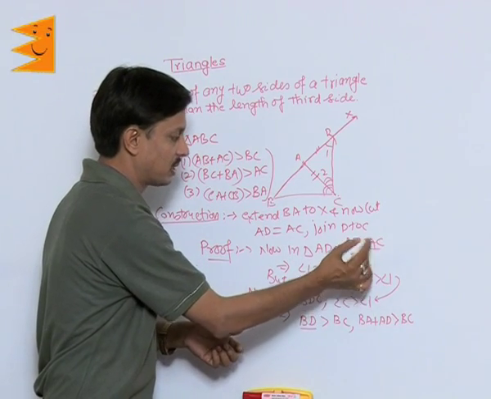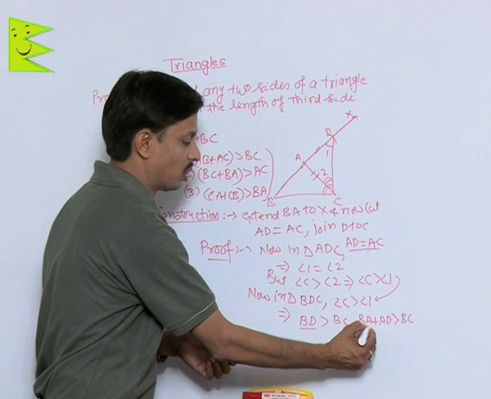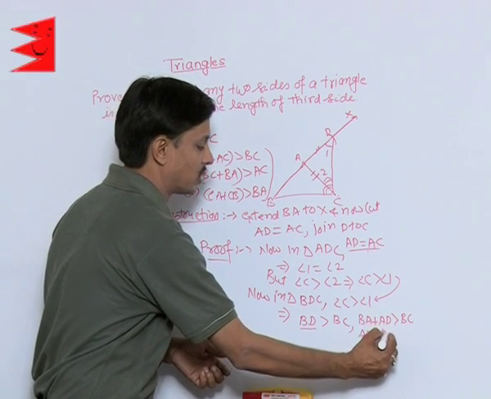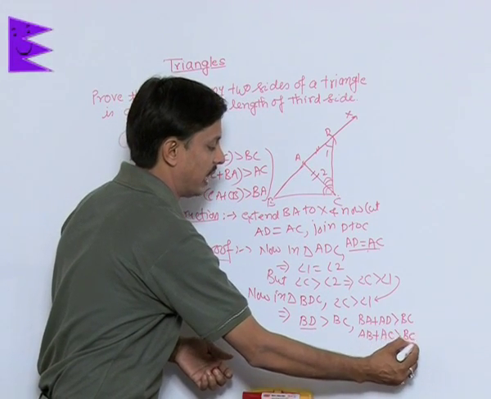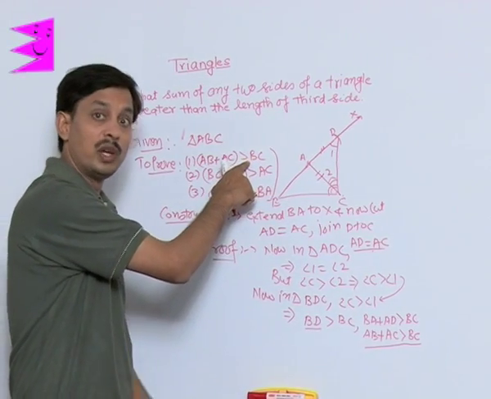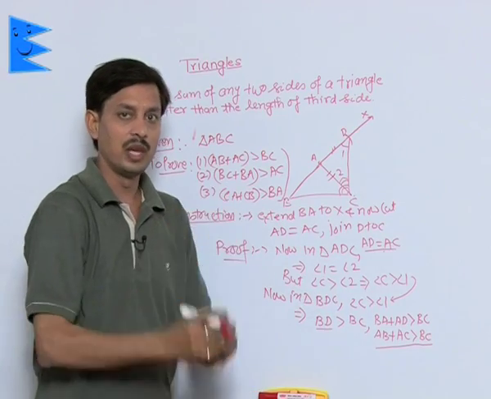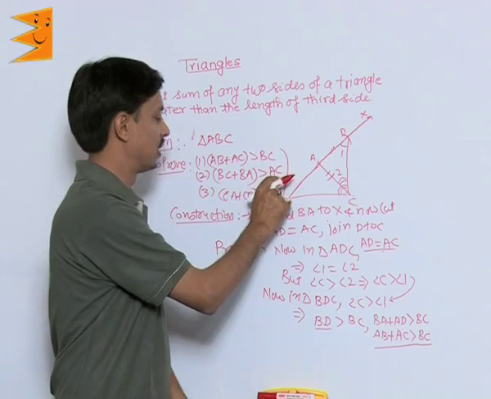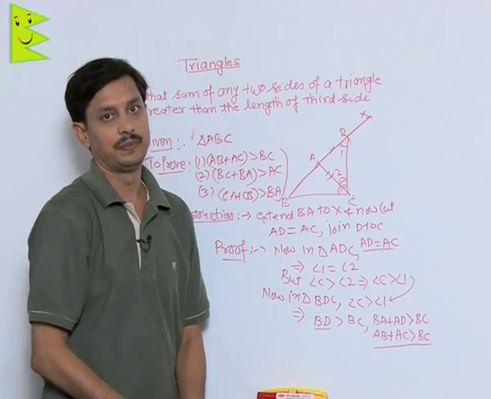If I replace AD with AC, what comes out? AB plus AC is greater than BC. This is the first part which we needed to solve, and the next two parts we can write similarly. The sum of these two sides is greater than the third side.